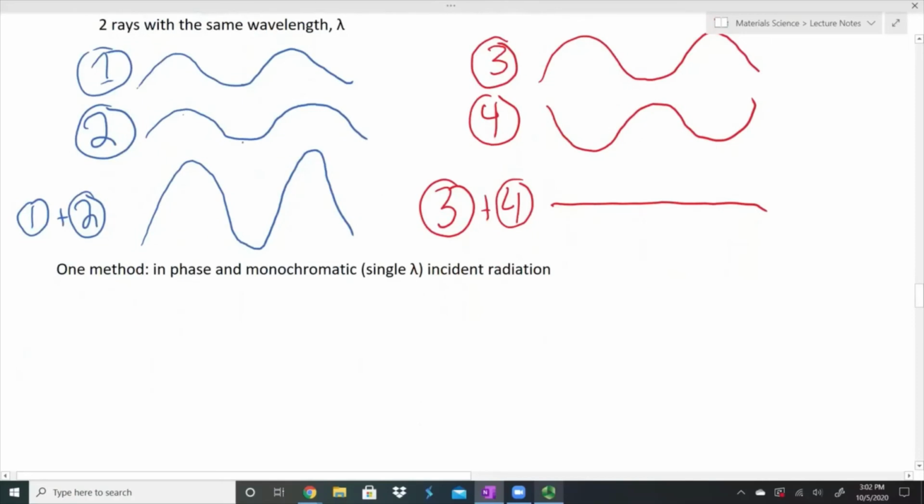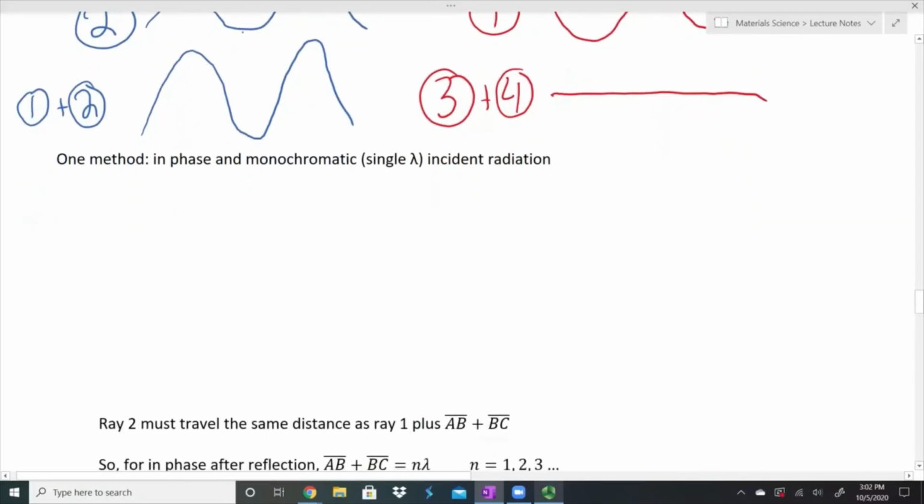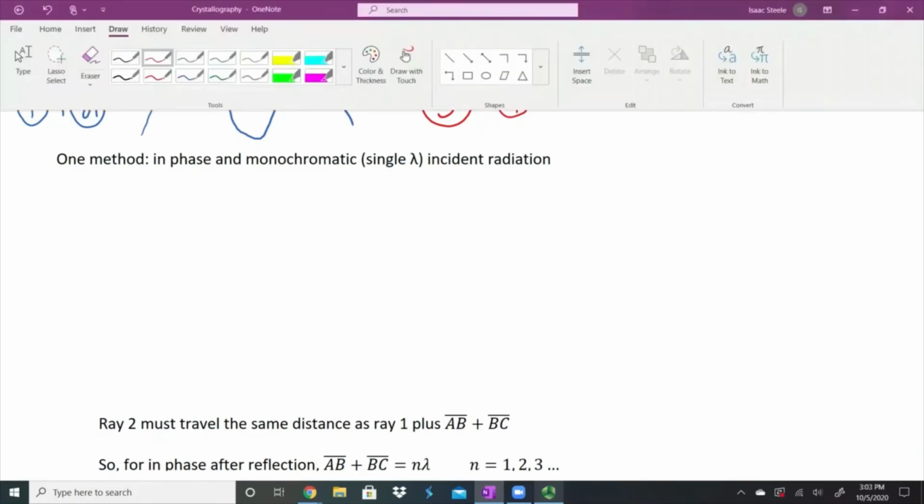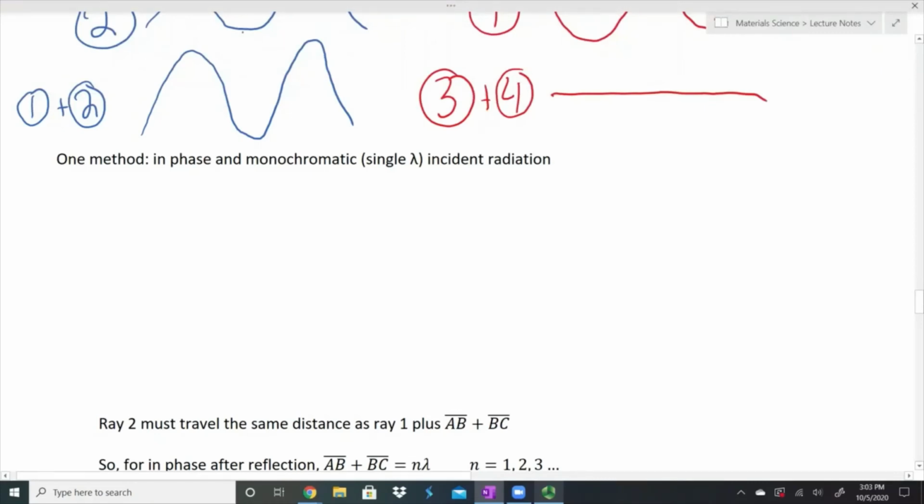So here's one method. We use in phase monochromatic incident radiation. That means single wavelength. And we're going to shoot these wavelengths, we're going to beam them, onto a crystal. So here is my crystal plane.